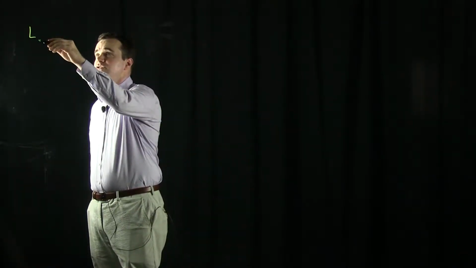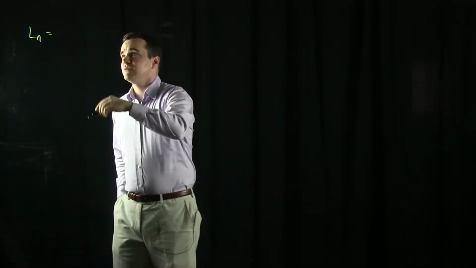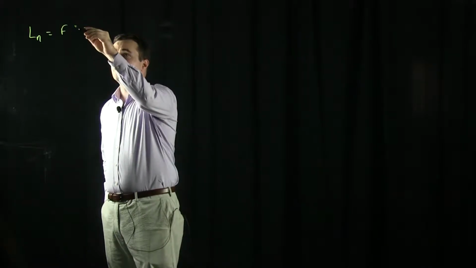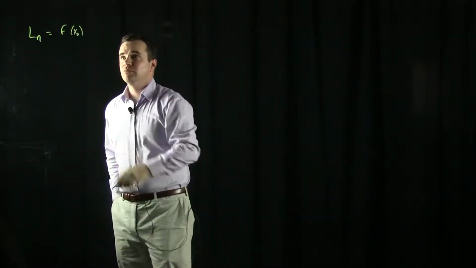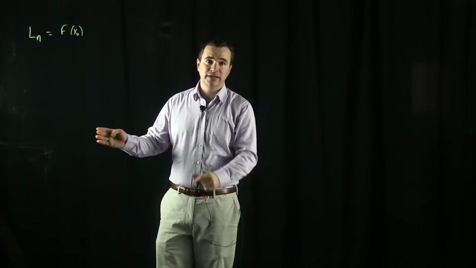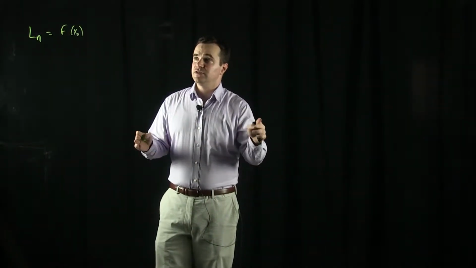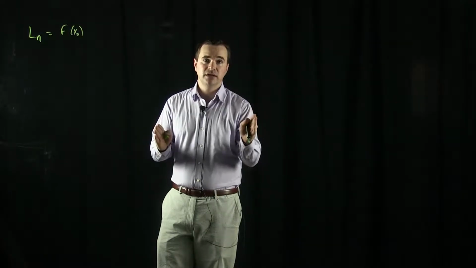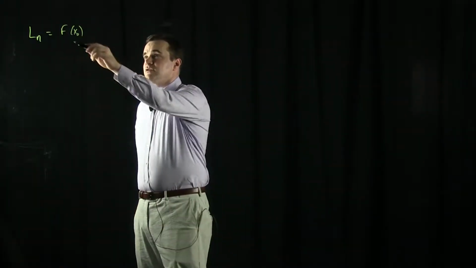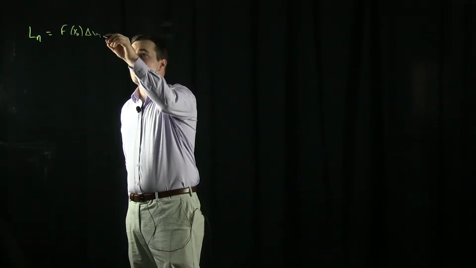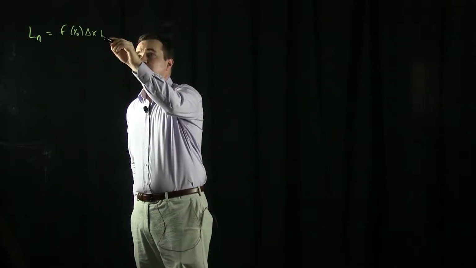I'll write it down to refresh your memory. The endpoints were labeled x0 all the way up to xn, so n plus 1 endpoints for n subintervals. The first y value is times the common width, base times height.